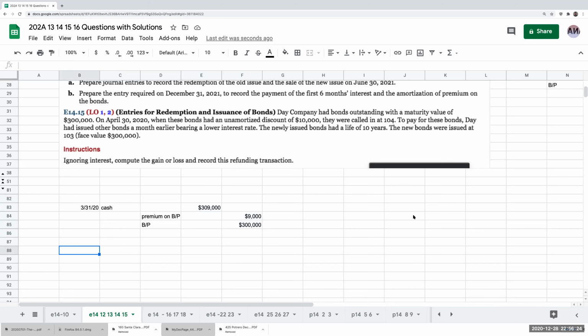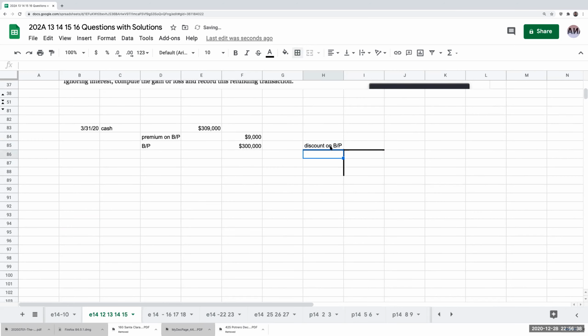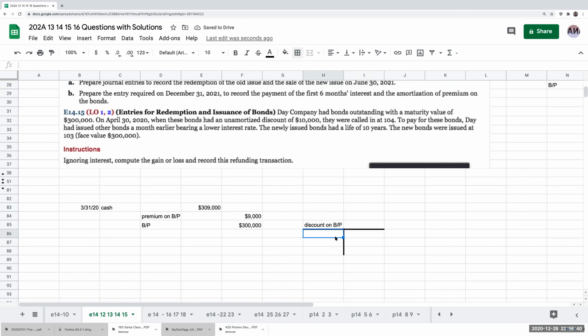So what I have to do is similar to what I did on some of these other questions before, I have to get rid of what is on the books. So what was on the books over here is I had a discount on bonds payable. My unamortized discount was 10,000.